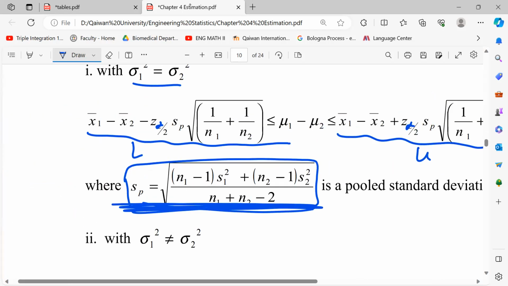Look at the left hand side. It depends on only x bar, their means, their population size, and also ASP. ASP depends on n and S1 and S2.